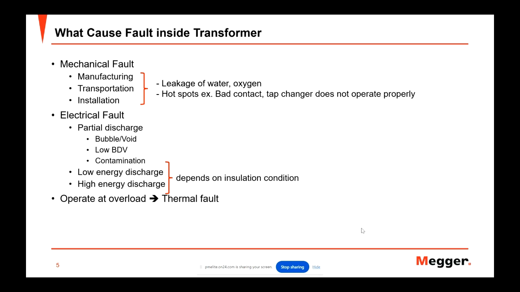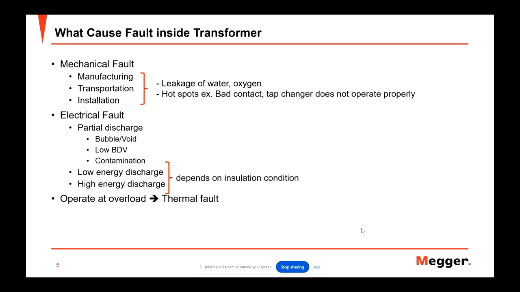Last is the operating. Very simple. If you operate the transformer in overload or at very high load, you can also create heat inside of your transformer. That heat may not damage your transformer directly, but it accelerates the aging of your insulation, such as the paper.